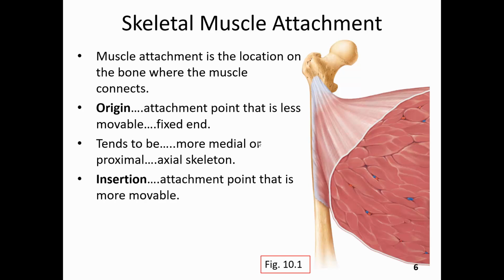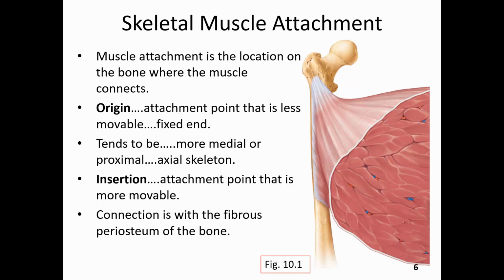The insertion of the muscle is the other end of attachment of that muscle, and that is the end where it is more movable, that moves a bone, that contributes to human movement.